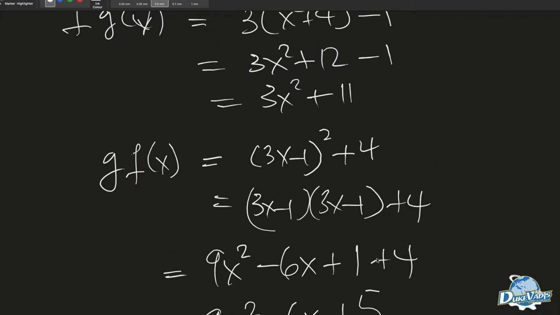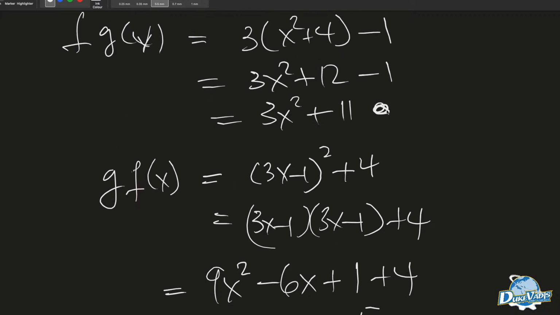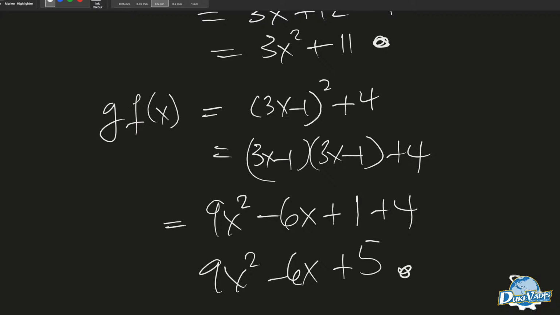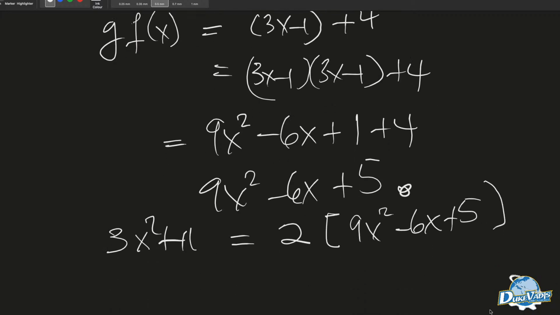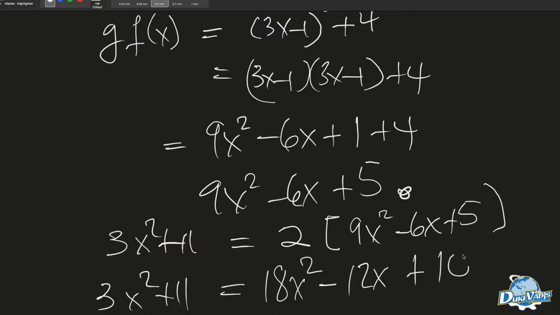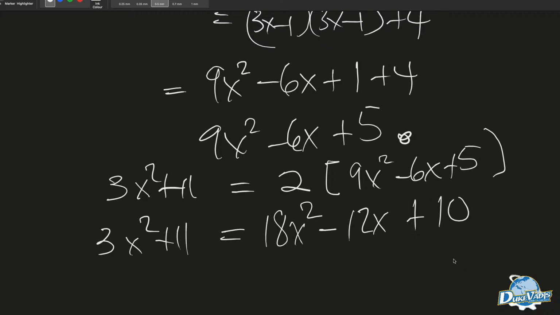They said you should equate this and that. So 3x squared plus 11 is equal to 2 times 9x squared minus 6x plus 5. So 3x squared plus 11 is equal to 18x squared minus 12x plus 10. Let's rearrange.